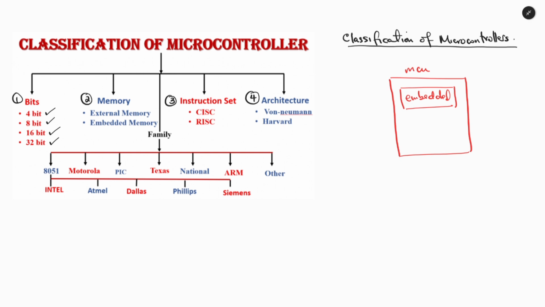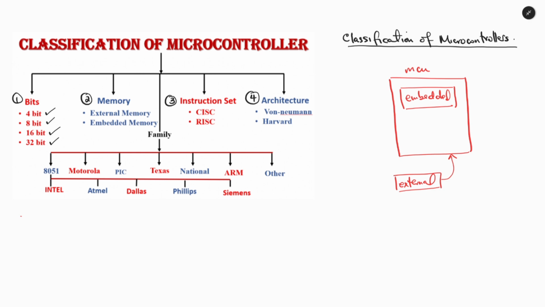That means this memory circuit is built inside the microcontroller itself. And when we have external memory, that means a memory that is not built inside the microcontroller; it is outside, but can be connected to the microcontroller.